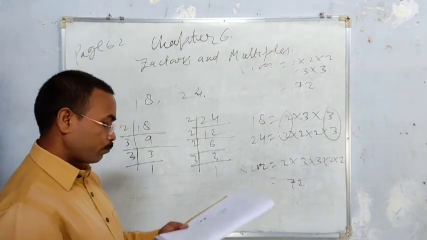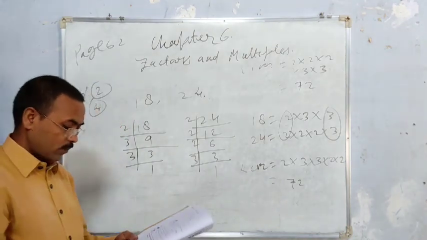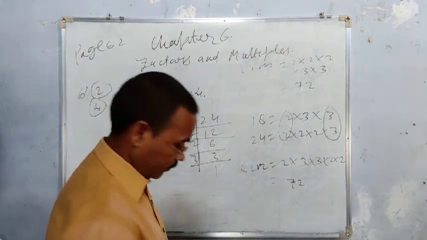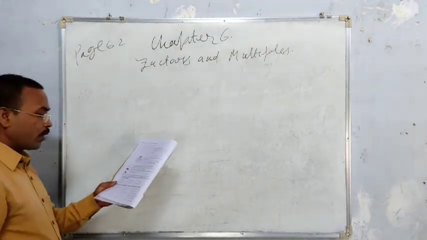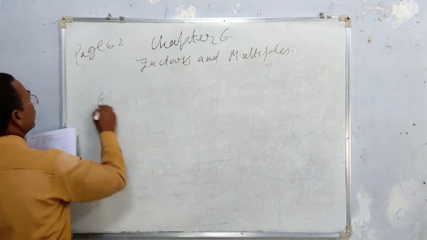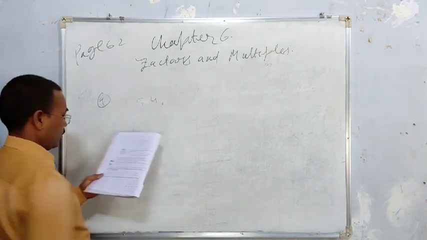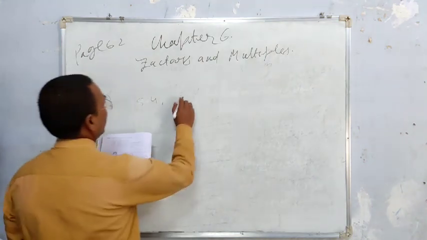Now come on here. Question number 9. Yes, now come on the ninth one. The number given is 54 and the second number is 36.